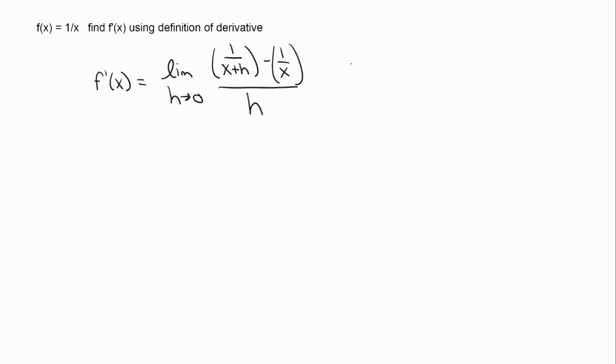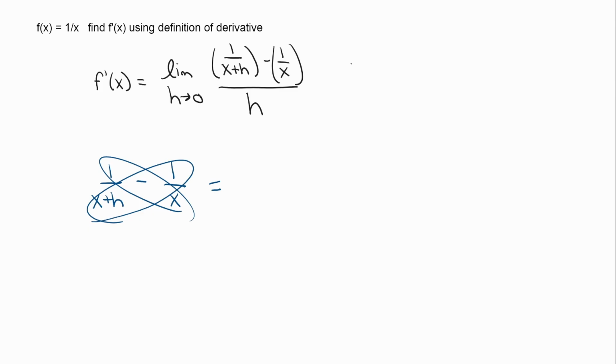To actually solve for this, we need to combine the two fractions above. So let's do a little aside on the bottom here, where we have 1 over x plus h, and we're subtracting a fraction with a different denominator. What you can do is cross-multiply like this, and those will be added together in the numerator.